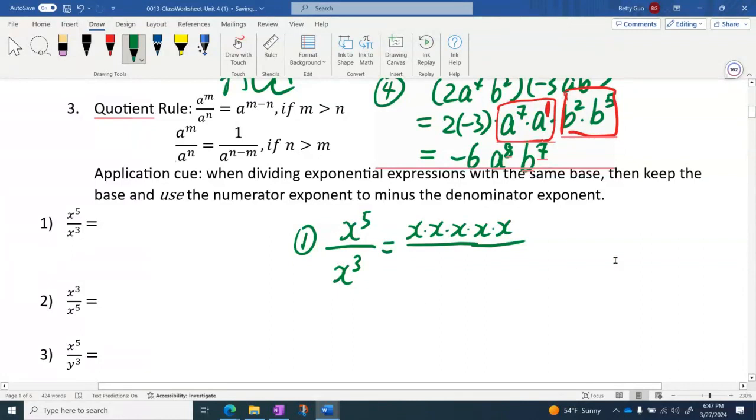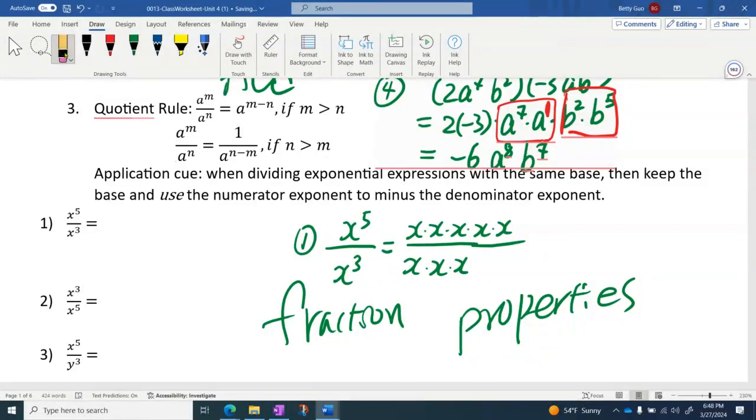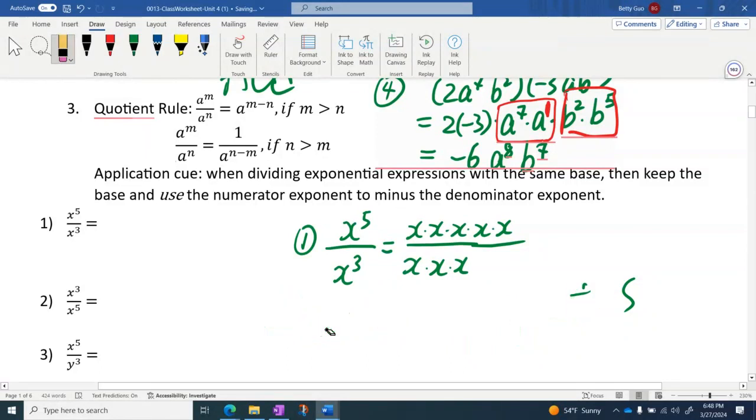As a repeated multiplication, it is x times x times x, 3 x's. Remember, for fractions, we have two properties. I believe I mentioned them. One is called the multiplication property, the other is called the division property. The division property tells us if the numerator and the denominator of a fraction have a common factor, we are able to cancel them.